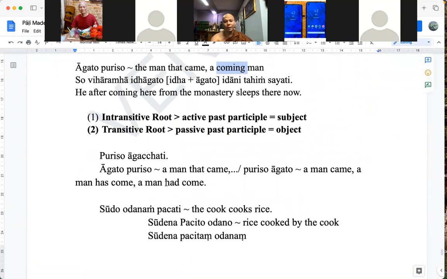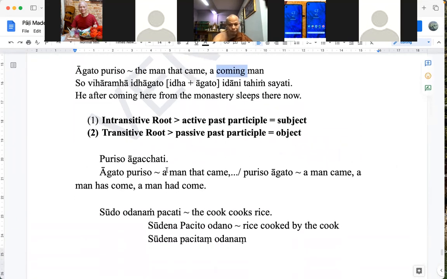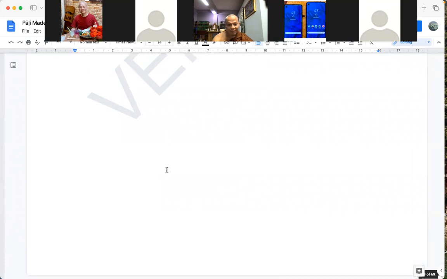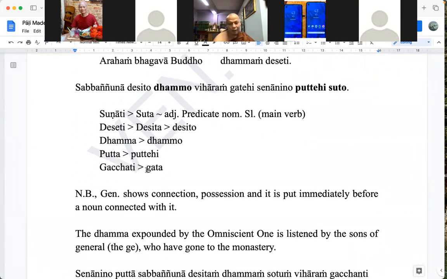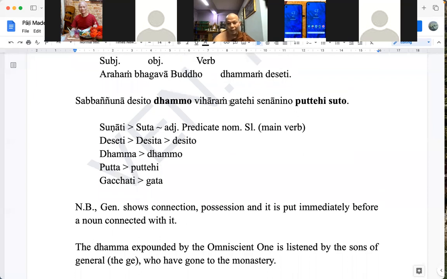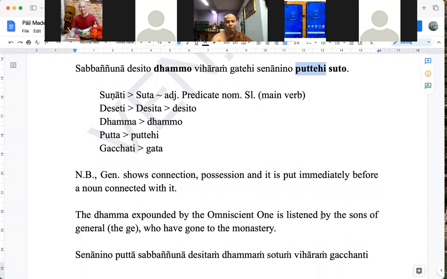So here, even though gatehi is a modifier to the dehi, it has an adjective function. So we don't need to use by again. Oh, okay. Just a modifier. Just who is going, who has gone. Right. Modifying by the sons. Okay. Oh, okay. Thank you, Bante.